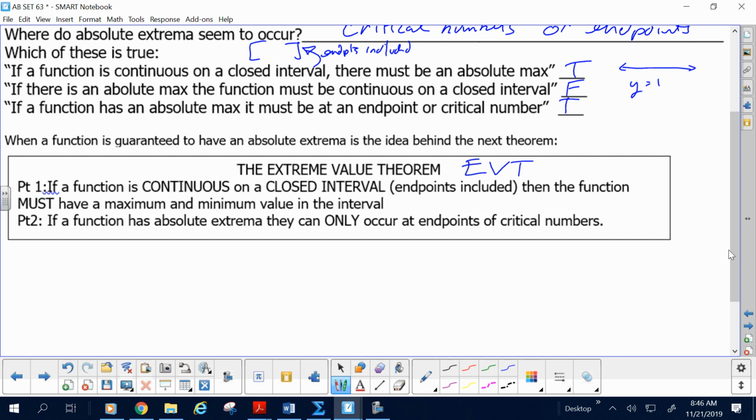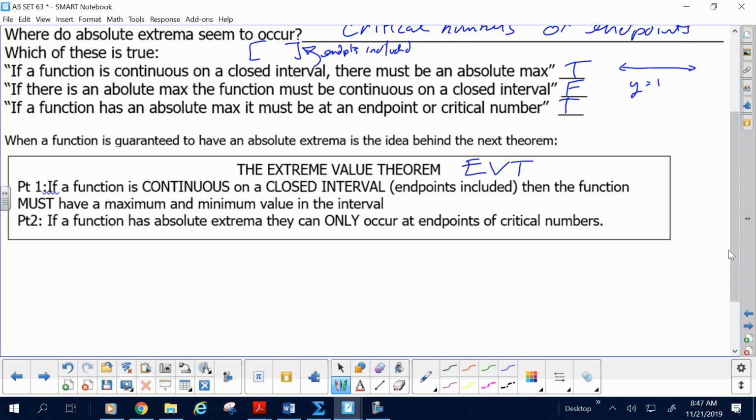There are three VTs, and we'll talk about that. The extreme value theorem is just fancy parlance for: if a function's continuous on a closed interval, it's got to have an absolute max in it. It must. And if it has an absolute max or min, the only places you have to look are at endpoints or critical numbers.